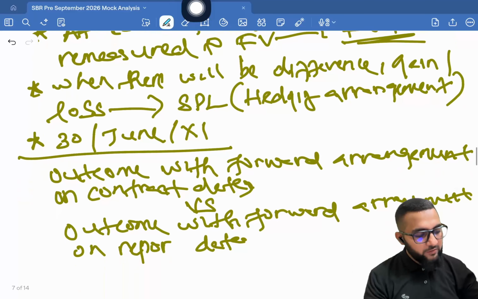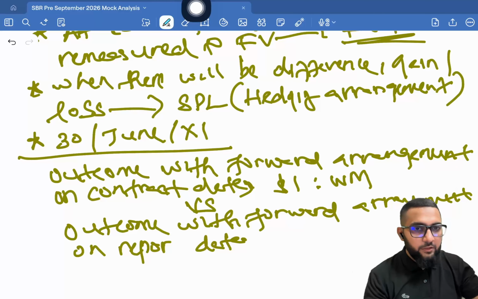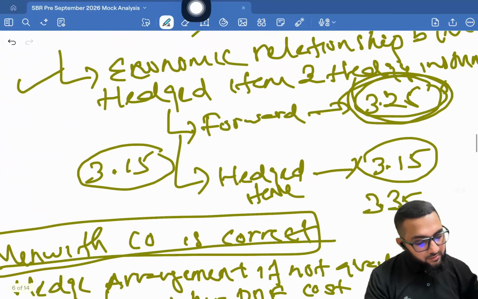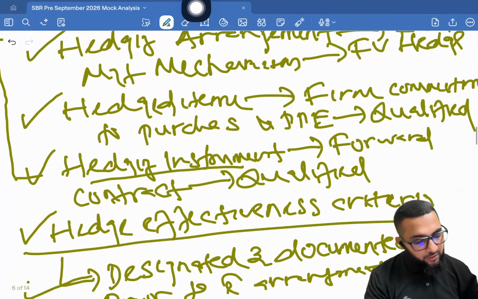The contract date rate was $1 is RM 3.25. But what is the rate prevalent on the closing date? Spot rates of 3.15, and 3.18 was the forward rate.